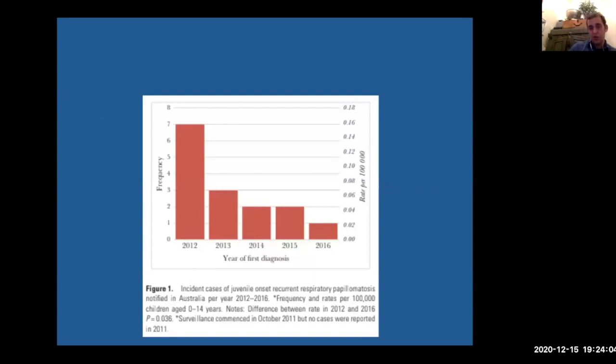And what it showed is that the rate per 100,000 reduced from 0.16 in 2012 to 0.02. So a nearly statistically significant reduction. So this clearly is where the future lies with regards to control of RRP.